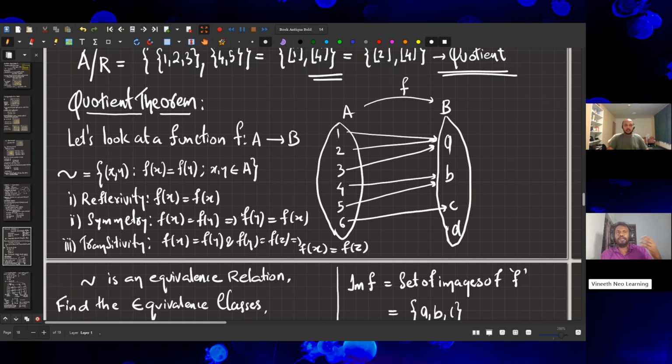In the next class we will study affine transformations, and we can prove that affine transformations are equivalence relations. The equivalence classes of those affine transformations are the conic sections. Circle and ellipse belong to the same equivalence class, meaning under affine transformation both of them are the same.